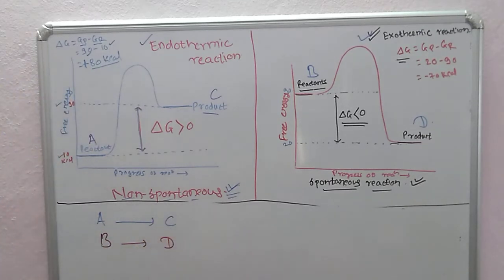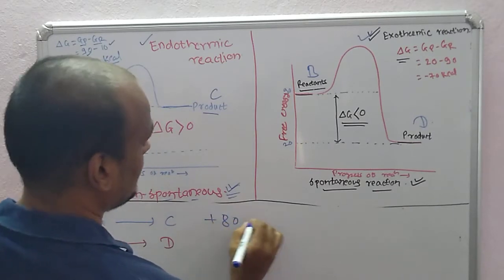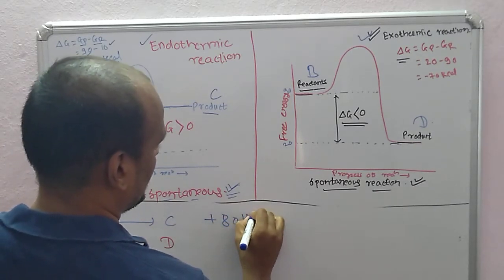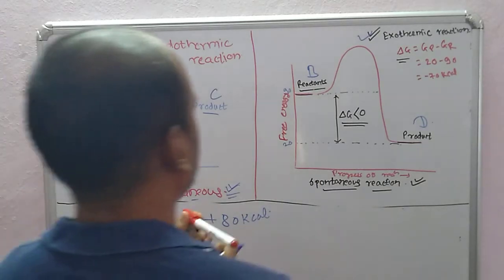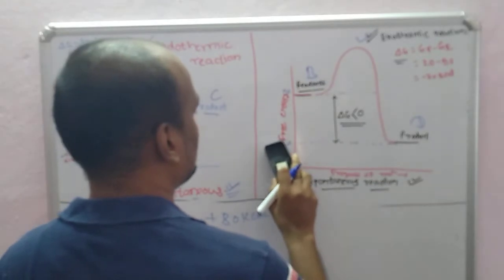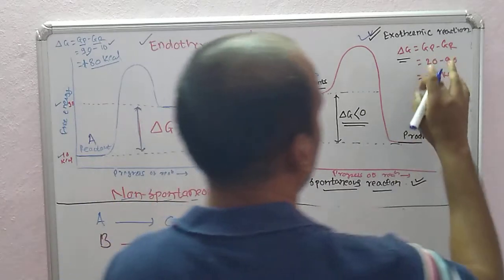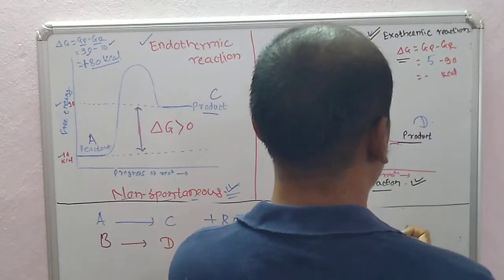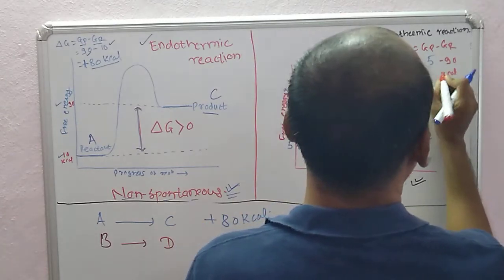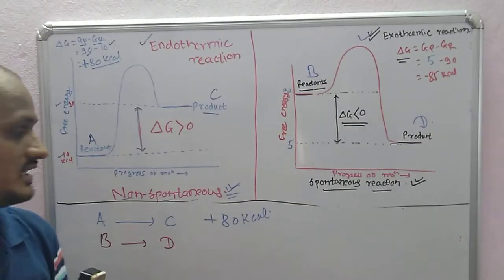So what is the free energy difference when A is getting converted into C? It is plus 80 kilocalorie. For our reaction purpose, we will take the B to D conversion as minus 85, because we want to do energy coupling.